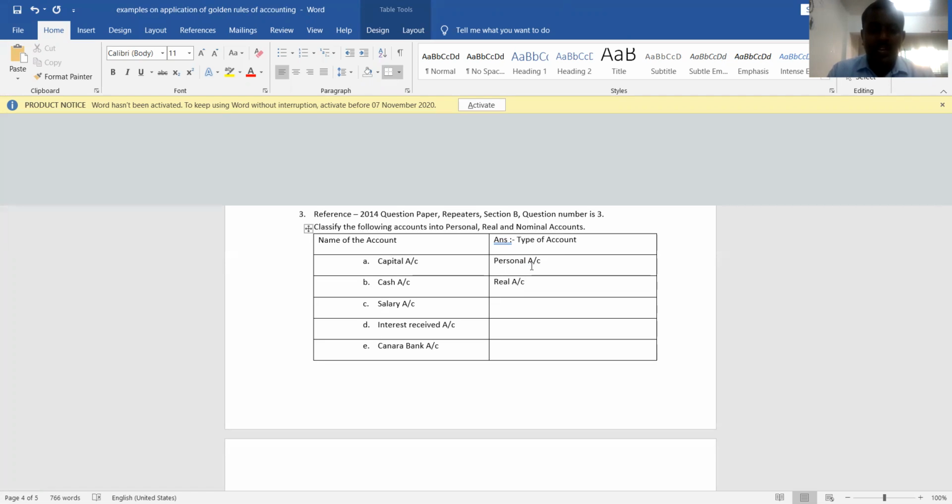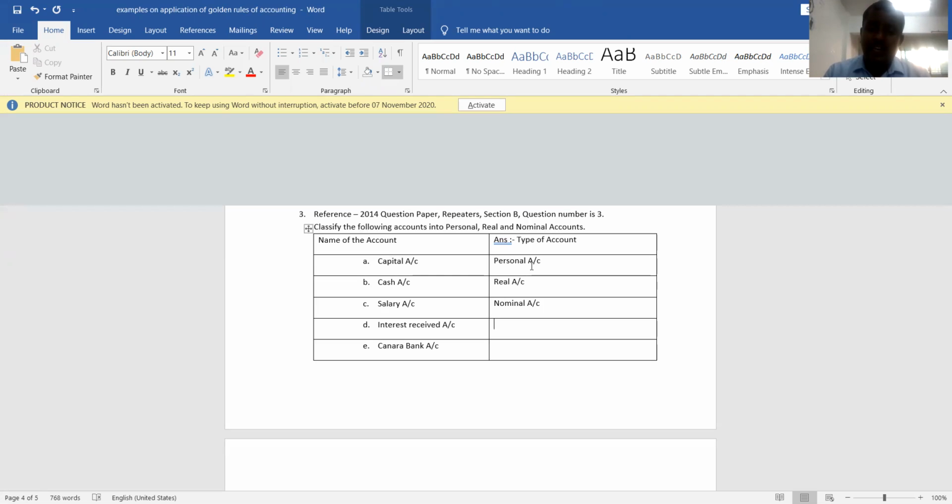Then the next one is salary. Is it an asset? No. Is it a person? No, it is expenditure. Expenses belong to nominal account. So salary is a nominal account. Then next is interest received account. Whether it is interest, interest received or interest paid, they are nominal accounts only, but the treatment will be different.